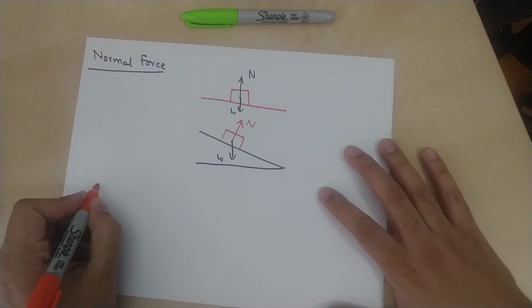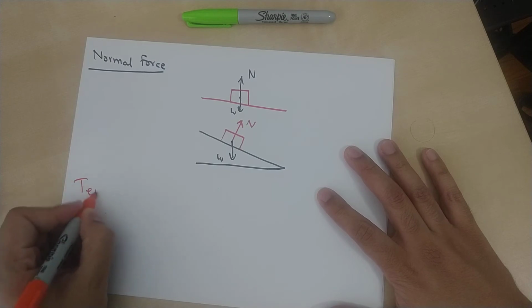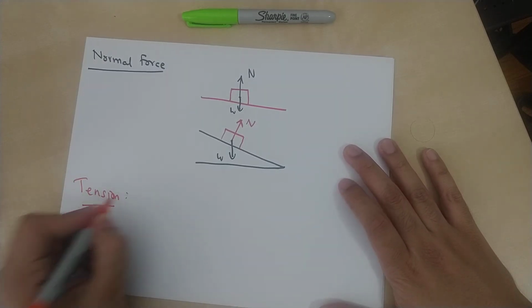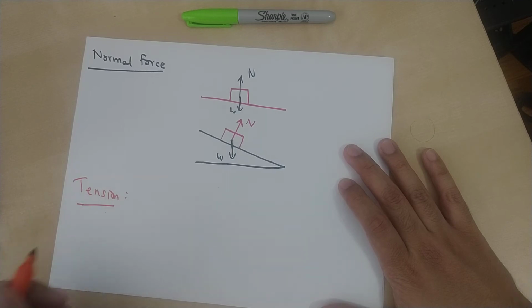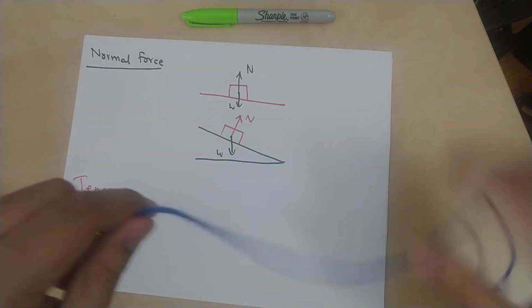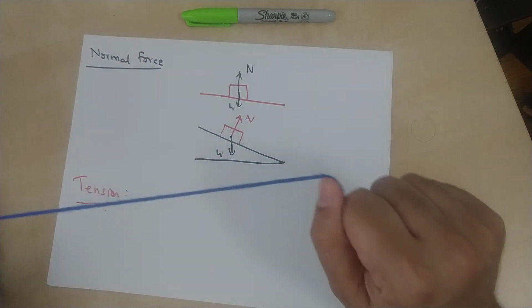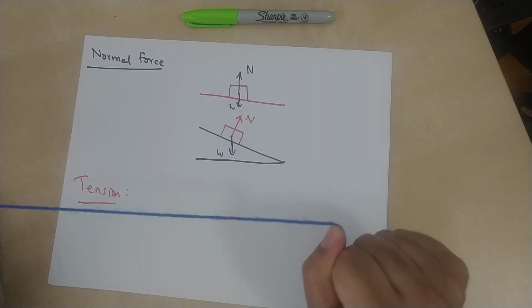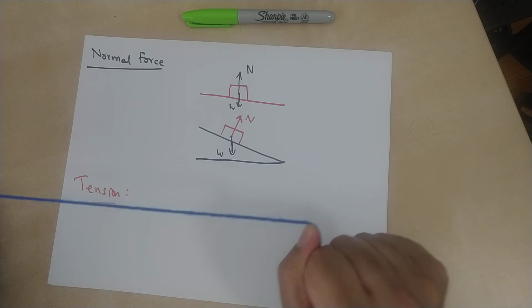Okay. Another force is the force of tension. Tension is a force that is triggered in a string as a result of a pull. If I'm pulling on the string towards the right, I feel that the string is applying a force on my hand towards the left.